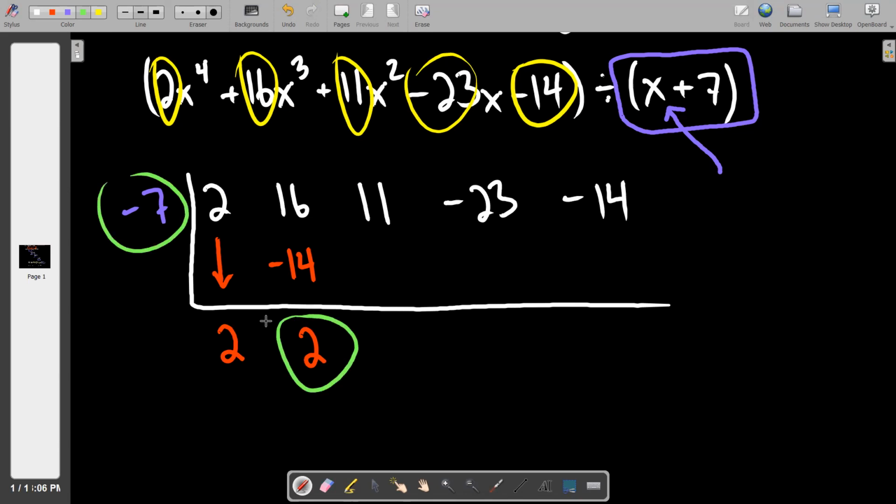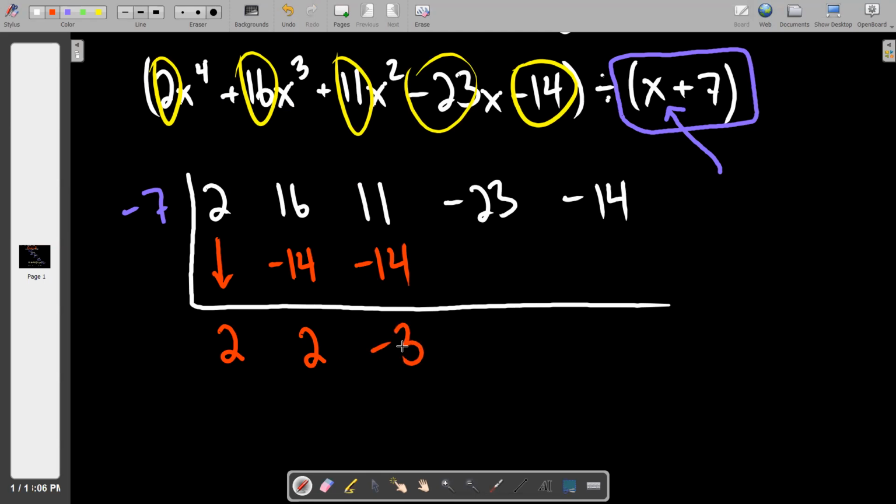What is green circle times green circle? So I'm going to put another negative 14 right here. Do you remember what we did last time with the stacked white and red numbers? We added them together. So what is 11 plus negative 14? So now I'm going to put a negative 3 right down here.